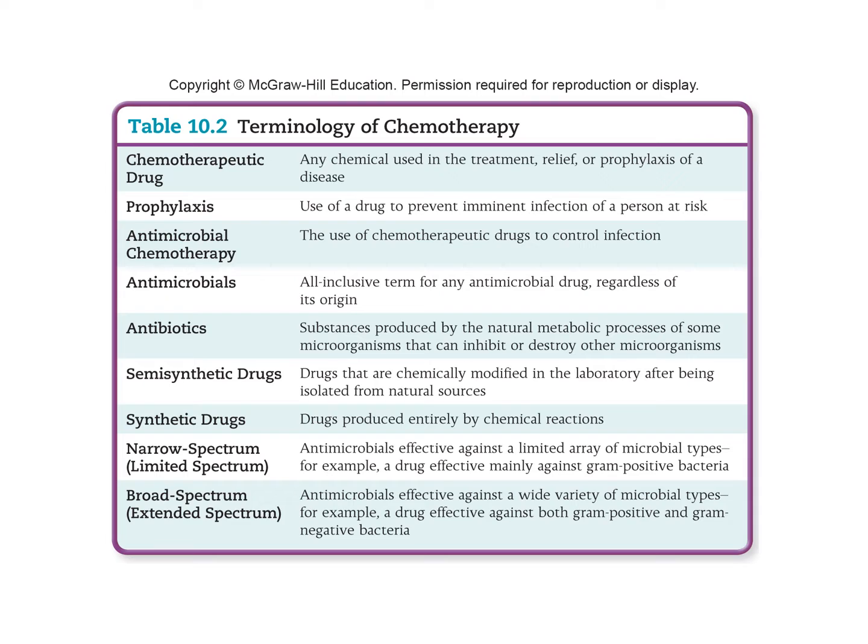Semi-synthetic drugs versus synthetic drugs. Semi-synthetic drugs are chemically modified in the lab after being isolated from a natural source. So we actually get it from a natural source, and then we tweak it, usually to make sure that we get the effective dose to the patient without giving them too much. That's one of the problems with holistic medicine.